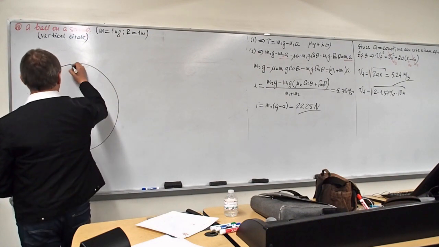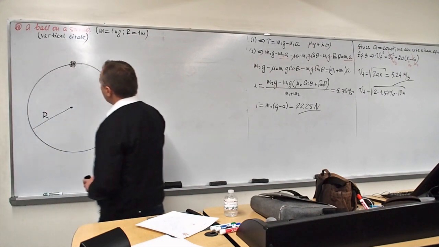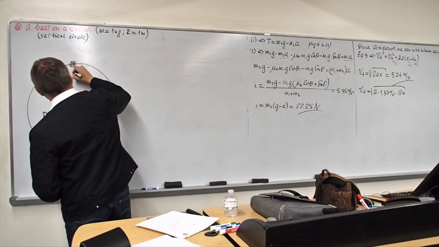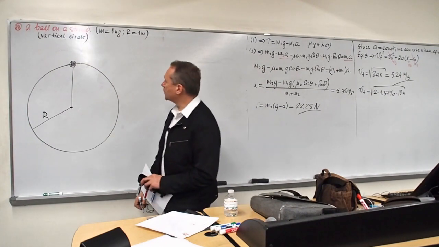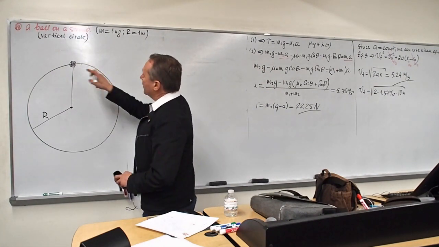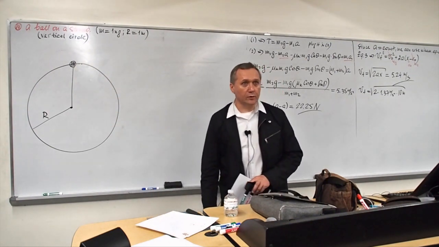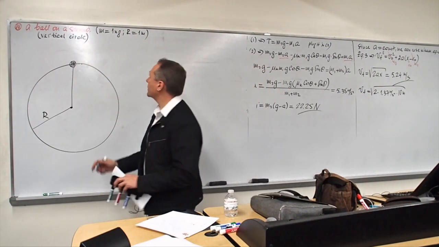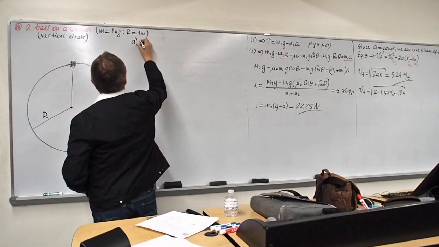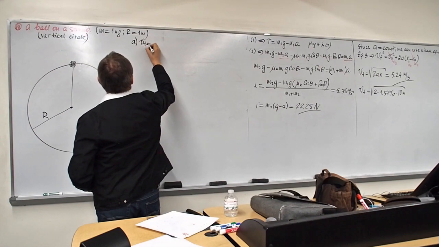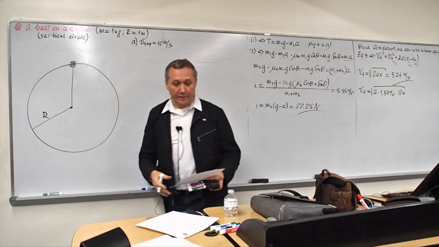Let's say this is the ball at the top, this is the cord or string. We know that the speed of the ball at the top is 10 meters per second. Part A: V at the top is 10 meters per second.